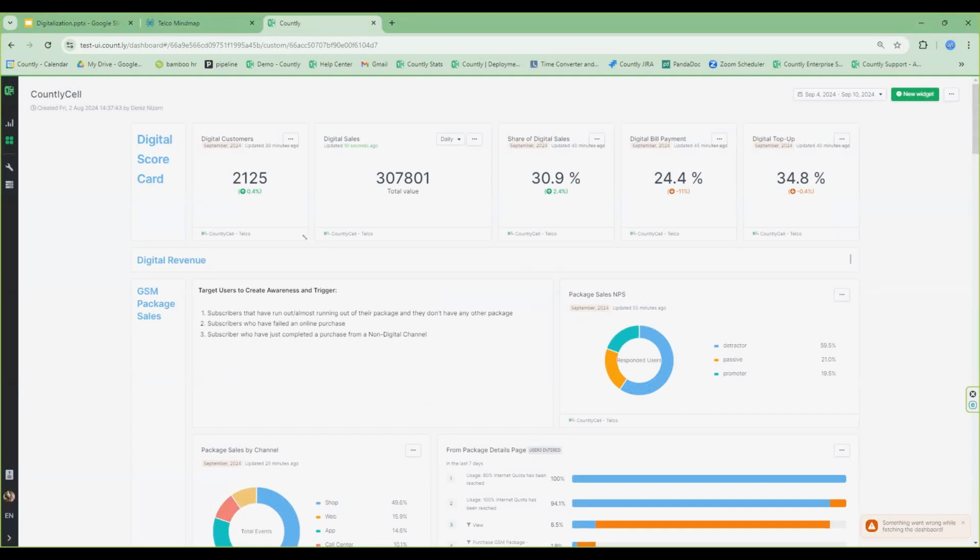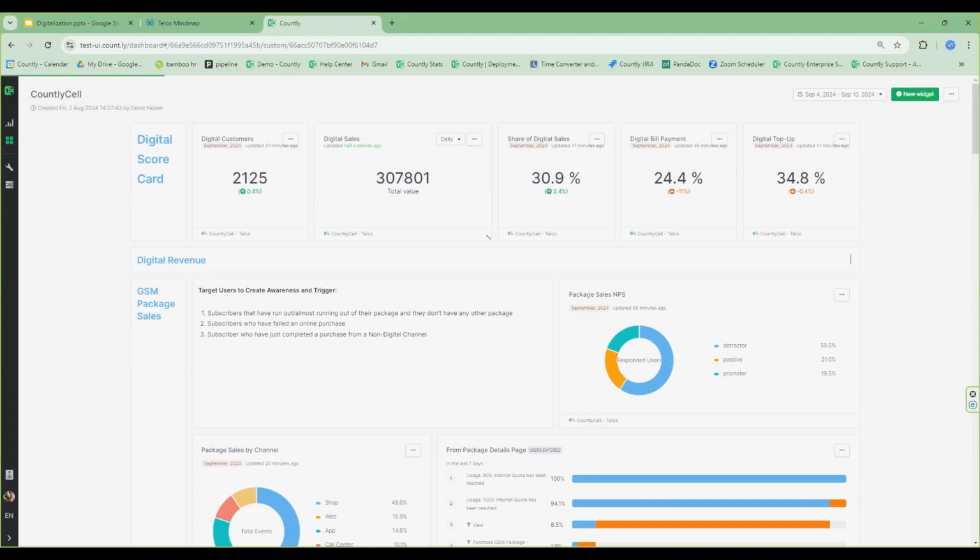As we said, a digital scorecard is necessary. So we need to determine our KPIs. What will we be monitoring going forward? Because as we said, what are the KPIs of digitalization? Revenue, number of customers, their satisfaction, and the percentage of transactions that are happening in the digital channels compared to the other channels. And for these, drill and formulas will be very useful.